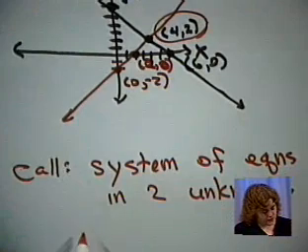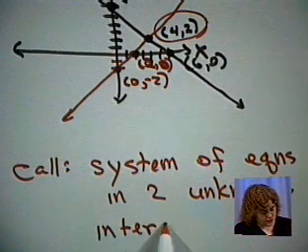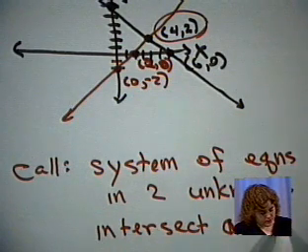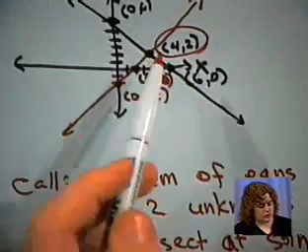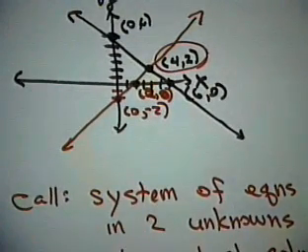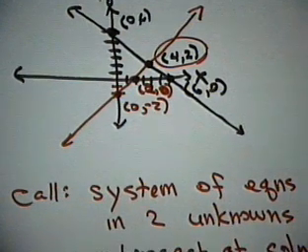And the place that they intersect is the solution. What that means is the coordinates for this point satisfy both equations. If I plug those values in, I get a true statement. And we'll just test that.